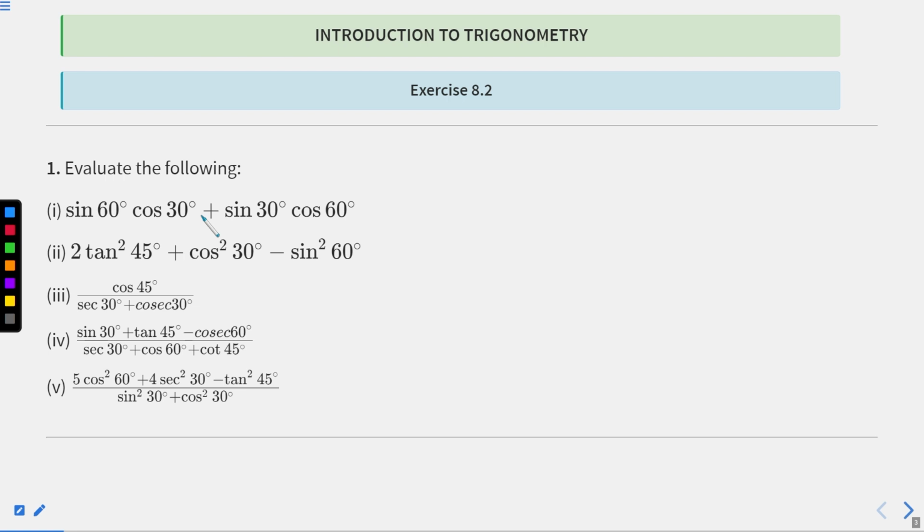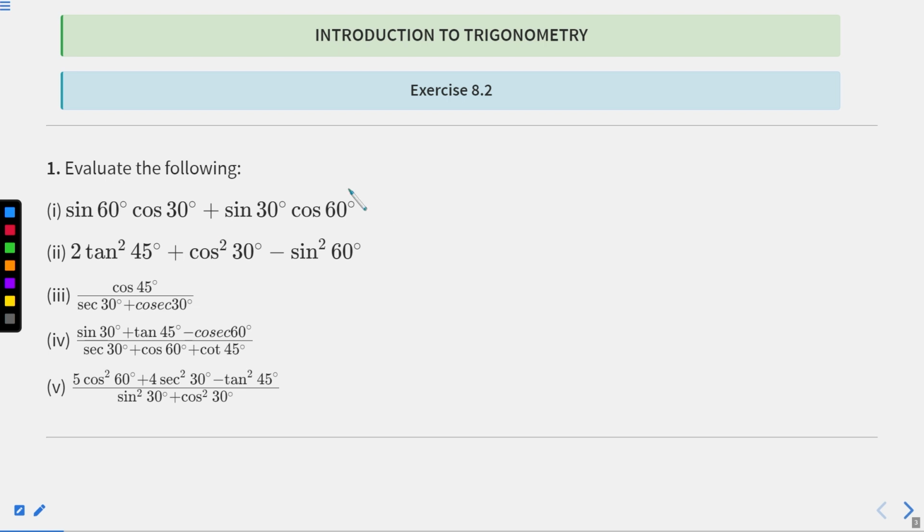In our previous lecture, we studied the values of trigonometric ratios for special angles: sine 30 degree, cos 30 degree, sine 60 degree, cos 60 degree, and also sine 0 degree, cos 0 degree, sine 45 degree, cos 45 degree, sine 90 degree, and cos 90 degree.